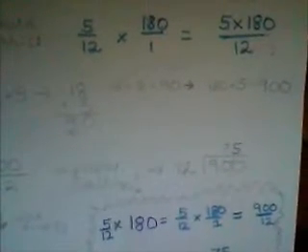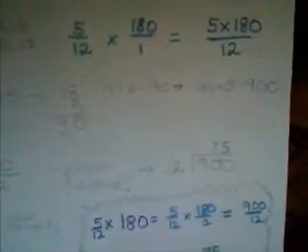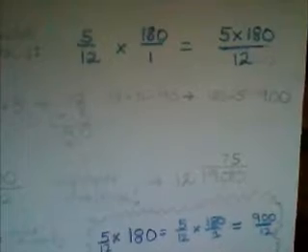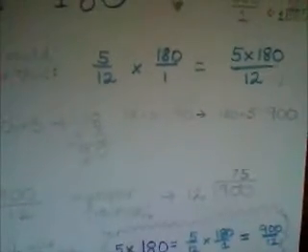Well, 12 goes into 90 seven times, because you should know your 12 times tables. 12 times 7 is 84, which gives me a remainder of 6, which I put in here. So now I've got 12 into 60, and that goes 5 times. So 900 divided by 12 is 75.